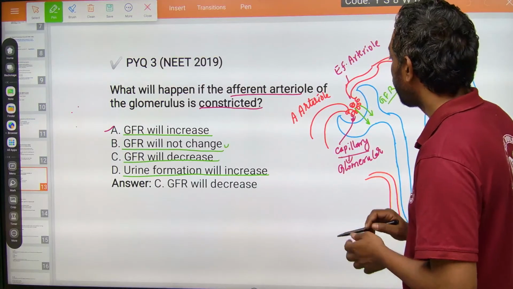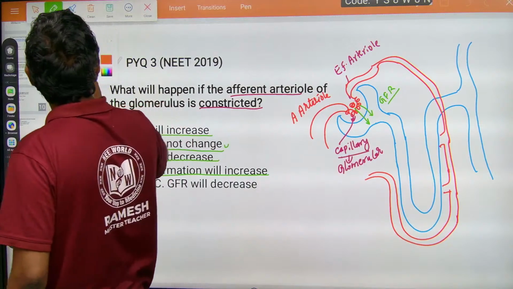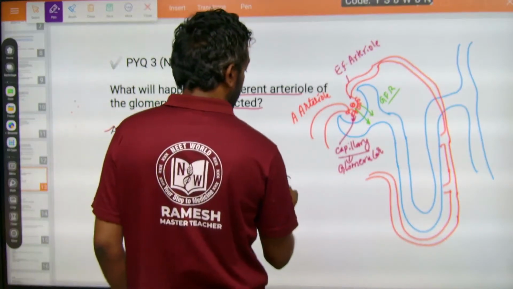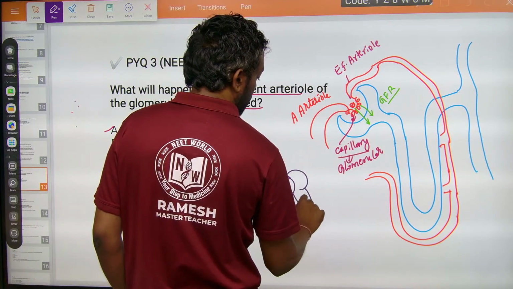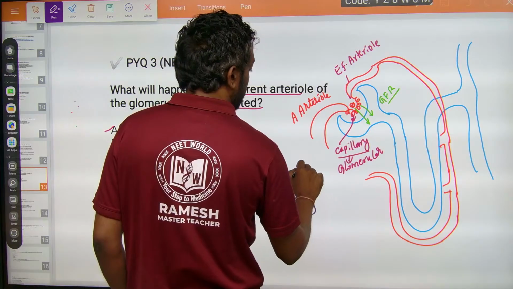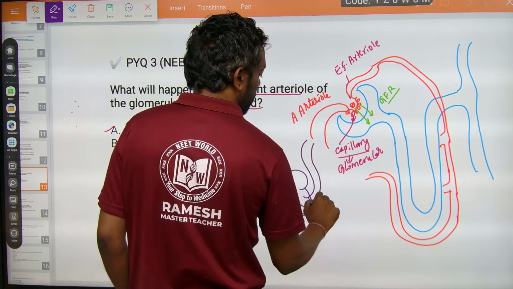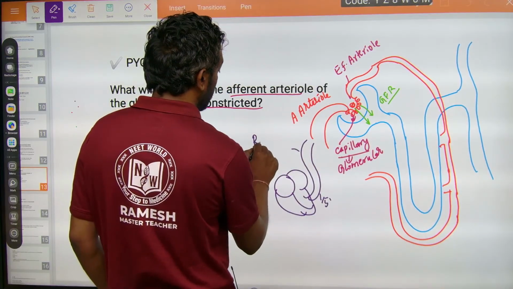Guys, most of the students think this way. From the heart, 1/5 of the blood enters the renal artery.